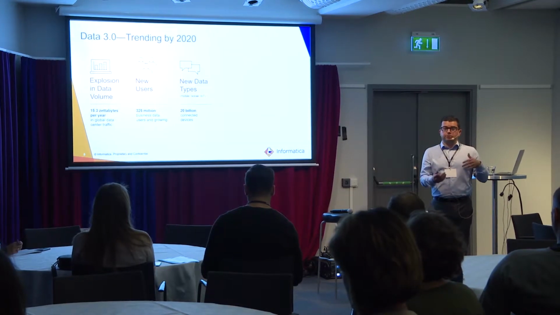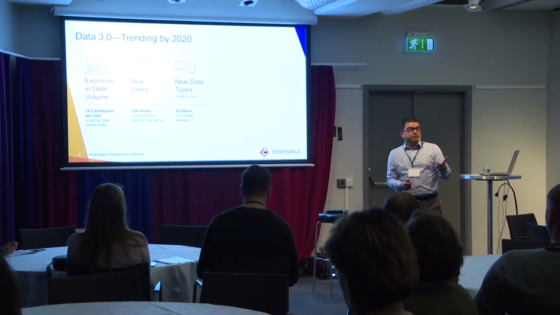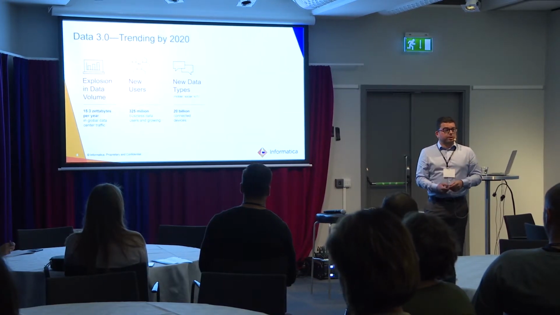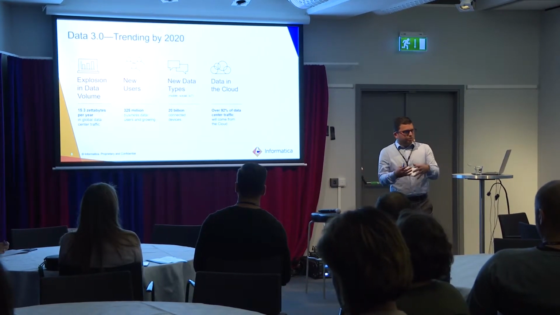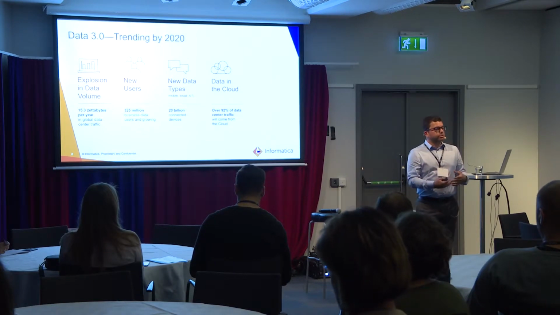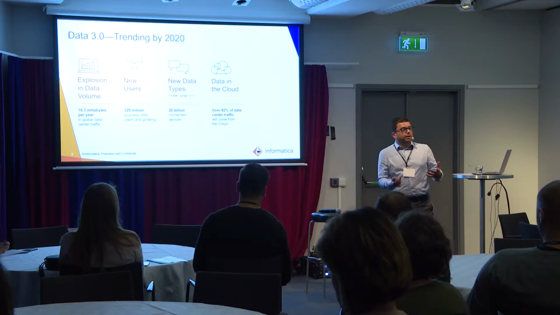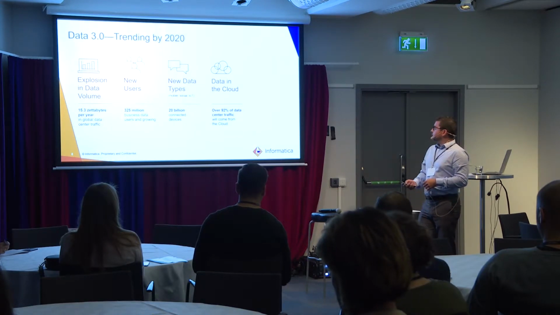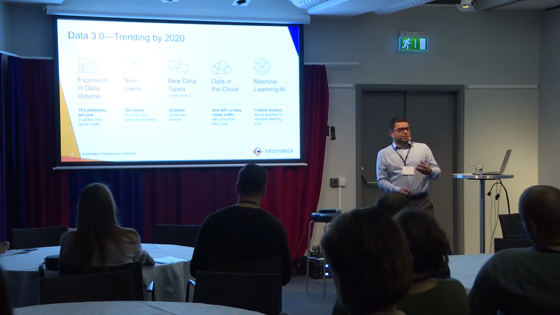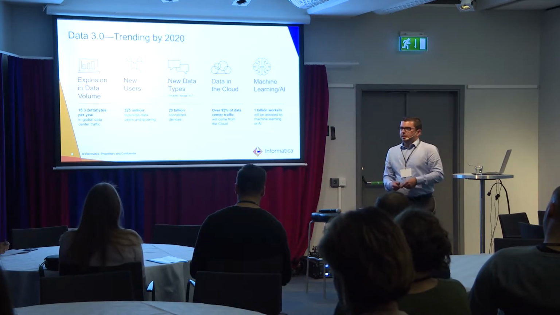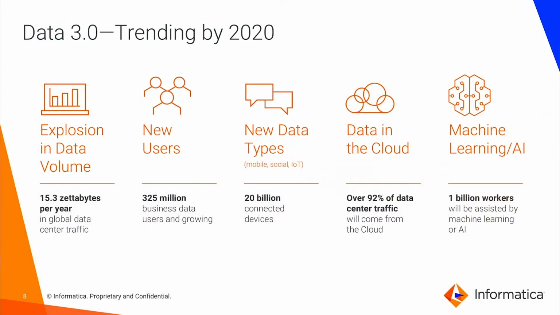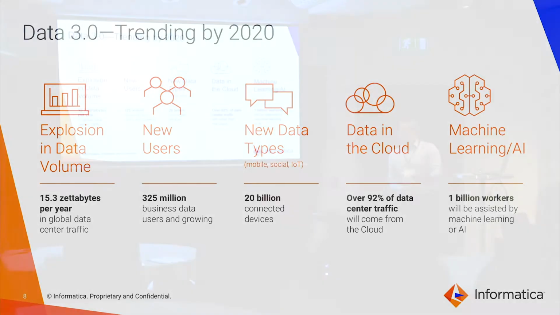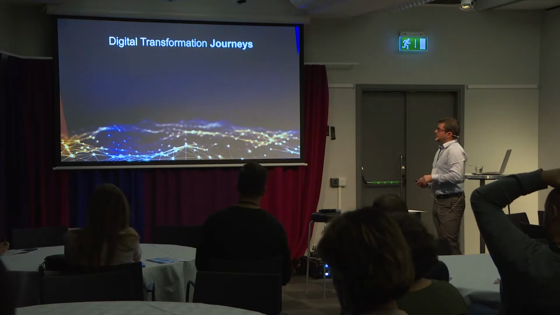We also see, with the influence of mobile, social, Internet of Things, new data types arise in businesses. And data isn't just tied to an on-premise database or data structure or data set. It's going out into the cloud. So really different types of where data is stored. And machine learning and AI puts this in another perspective where data is now not only consumed and produced by people, but it's also consumed and produced by machines and algorithms that do something with this data and produce even more data, right? So that's what we see happening.